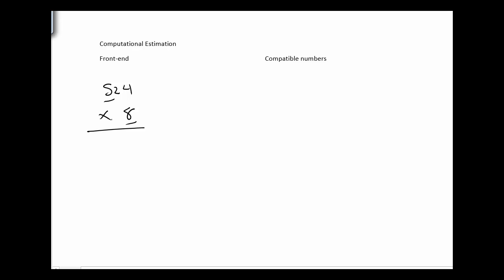So 8 times 500 would be 4,000. And I'd look at maybe say the 2 and do 8 times 20, which is another 160. And so I'd get a quick estimate of about 4,100, 4,200. Again, these are just quick estimate approaches.